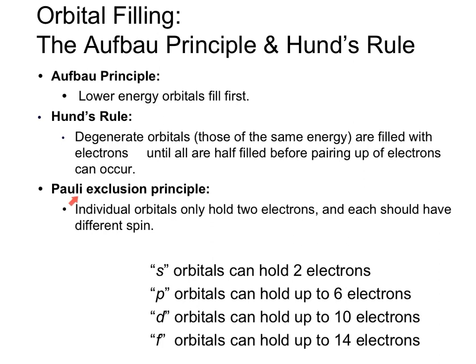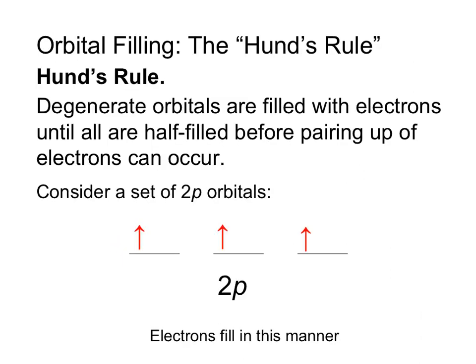We also will apply the Pauli exclusion principle, which tells us that individual orbitals will have 2 electrons with different spins. And so this is the effect of Hund's rule here. Think about our 2p orbitals. We said that there are 3 p orbitals, and so each of these lines represents a single orbital within a p sublevel.